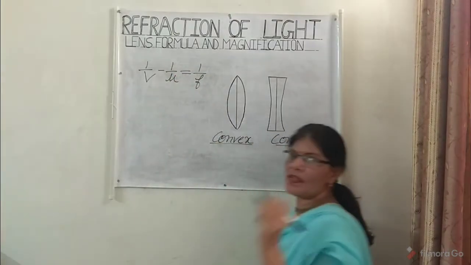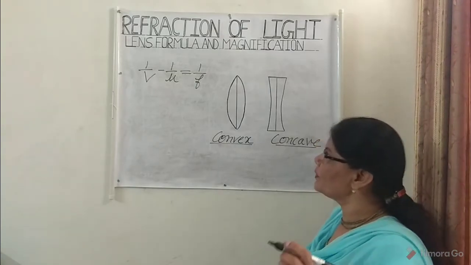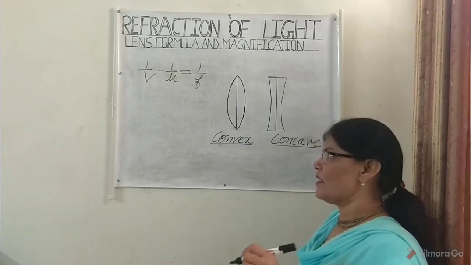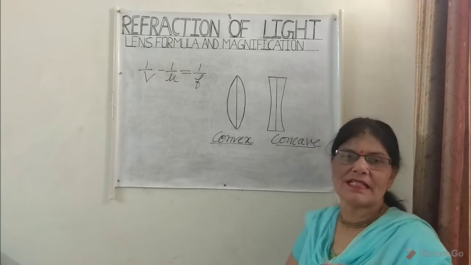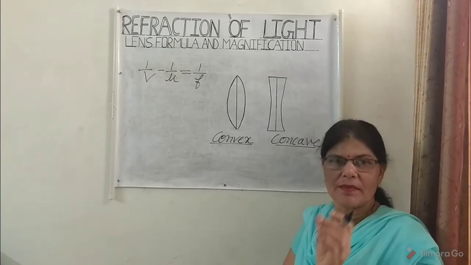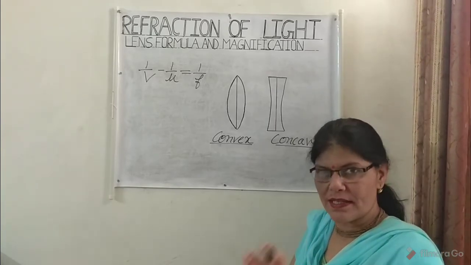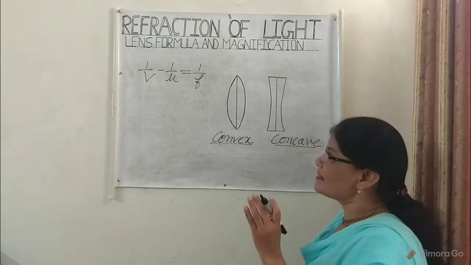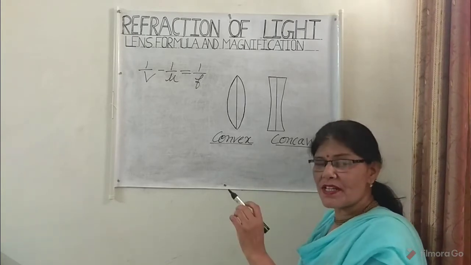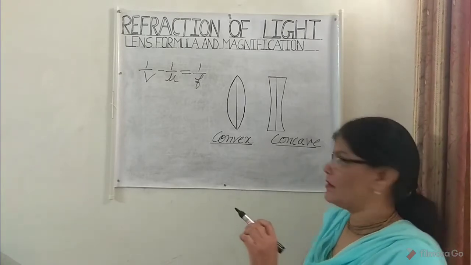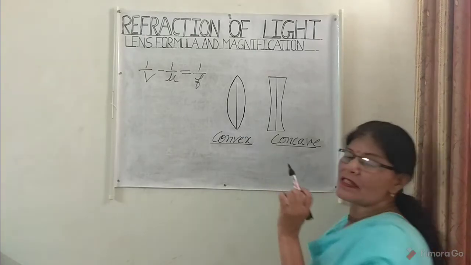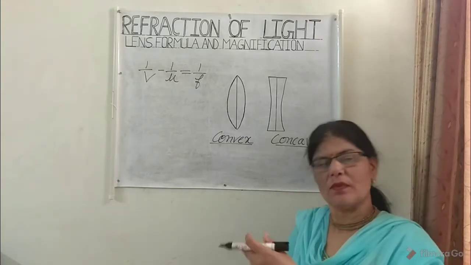1 upon v minus 1 upon u is equal to 1 upon f, where v is the distance of the image from the optical center, u is the distance of the object from the optical center, and f is the focal length of the lens.